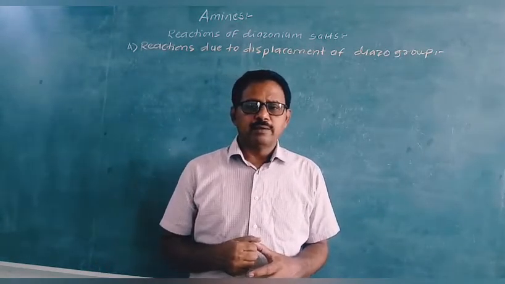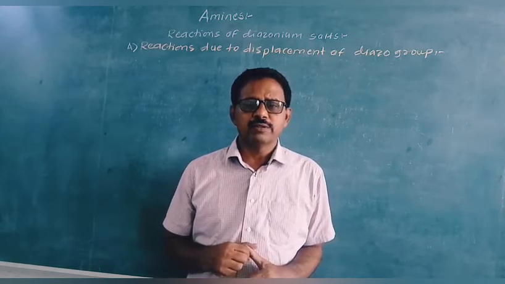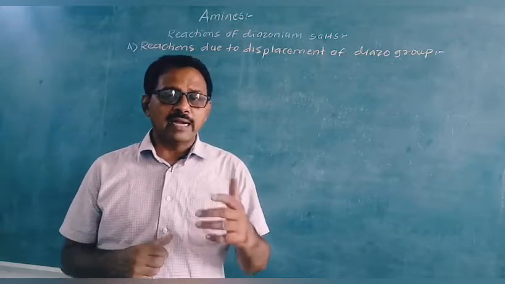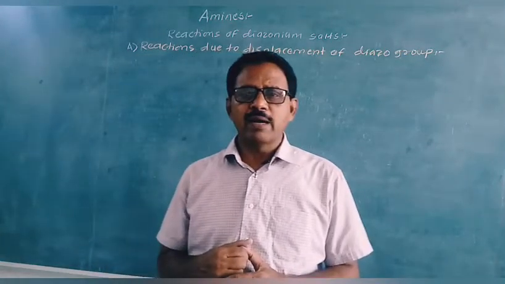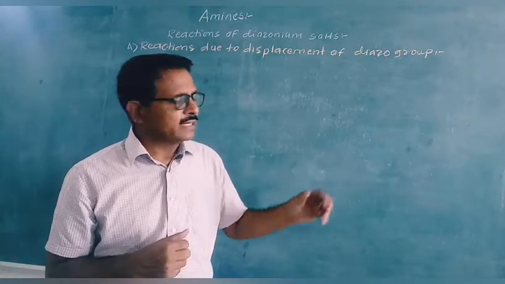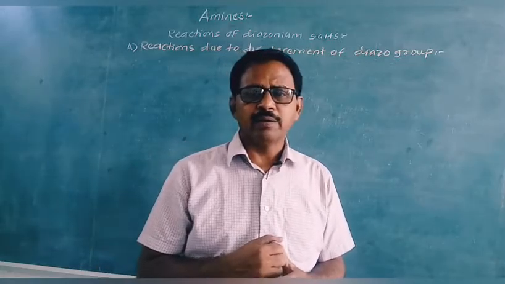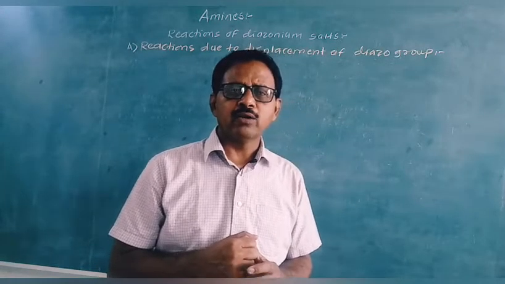And lastly, we have seen the reaction of primary amines with nitrous acid. Aliphatic and aromatic primary amines react with nitrous acid, that is HNO2. HNO2 is an unstable compound, prepared by the reaction of NaNO2 and HCl.